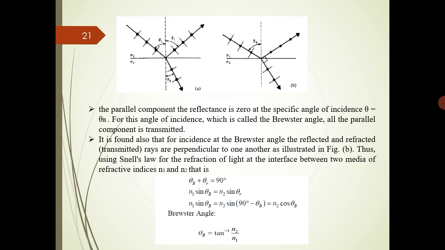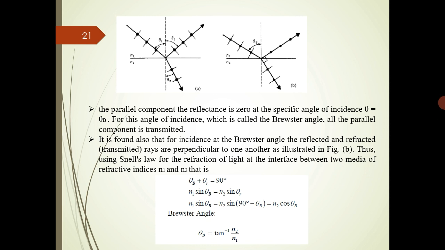So, according to Snell's law, for the angle of reflection at the interface between two media of refractive indexes n1 and n2, the angle between the reflected and refracted rays at Brewster's angle is equal to 90 degrees.